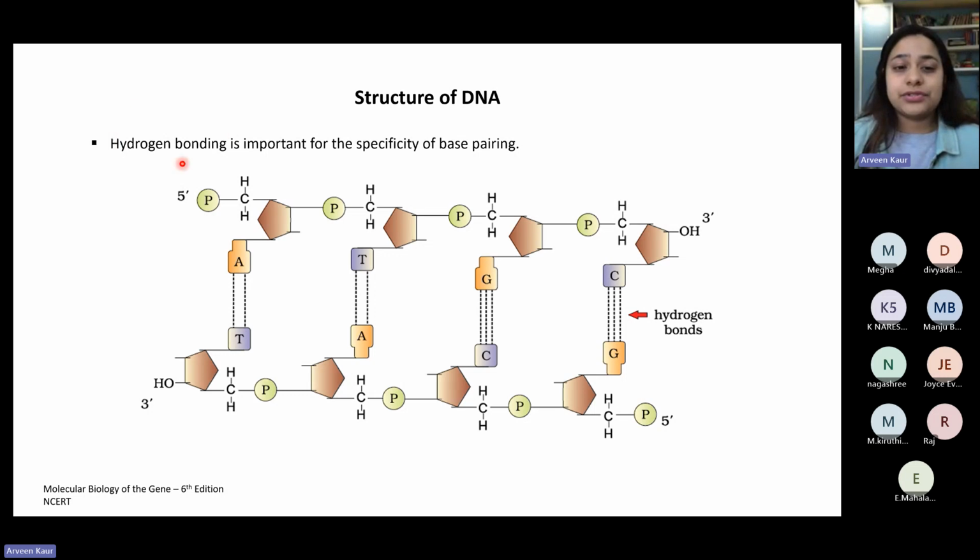Then there is hydrogen bonding, which is important for the specificity of the base pairing. As you can see over here, there are hydrogen bonds between these complementary bases. For example, while replicating, if in front of T the DNA polymerase brings a G instead of A, it will not be able to sit over here because the hydrogen bond will be unable to form.